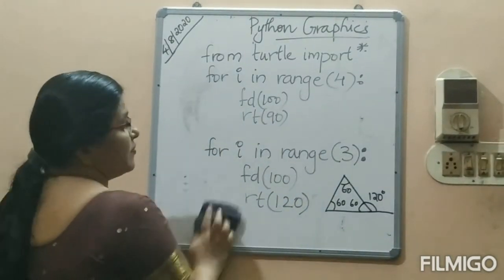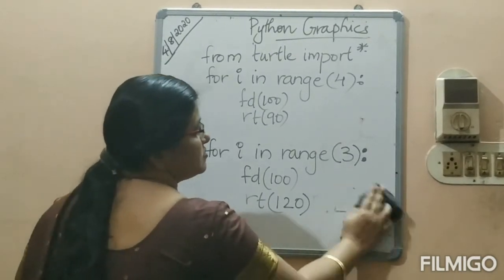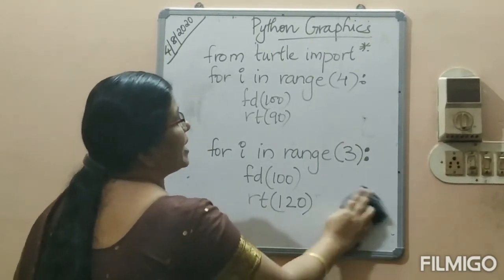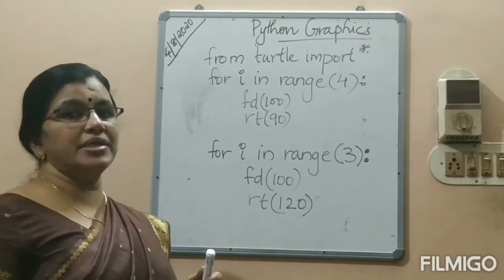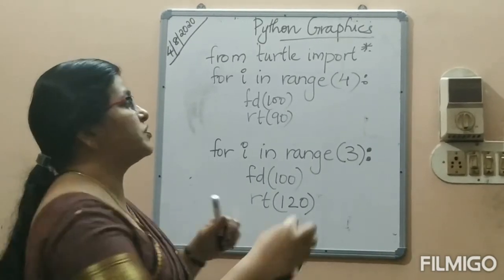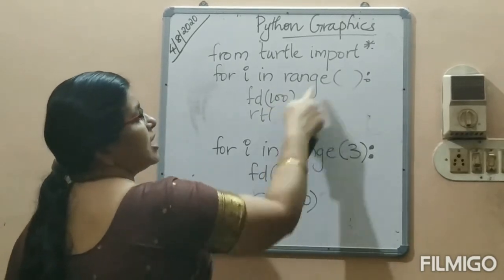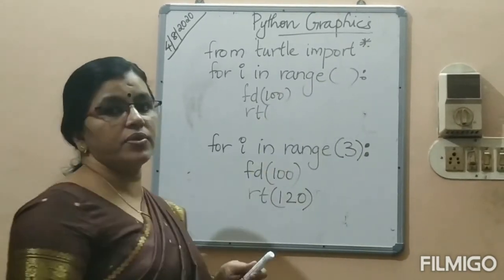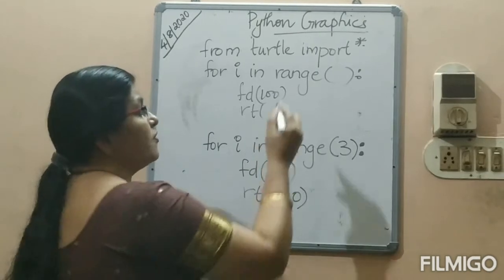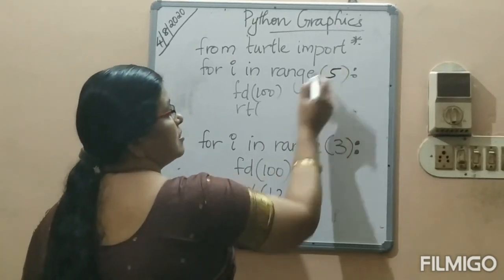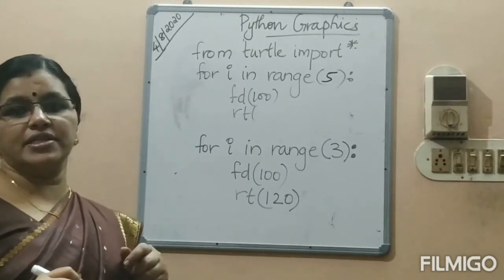We have drawn the triangle. Now how will you draw a pentagon? What is the change I have to create as it is a pentagon? Pentagon, how many sides? 5 sides.